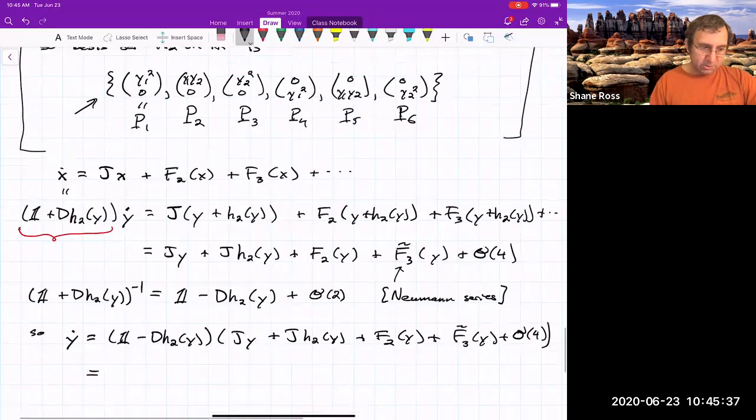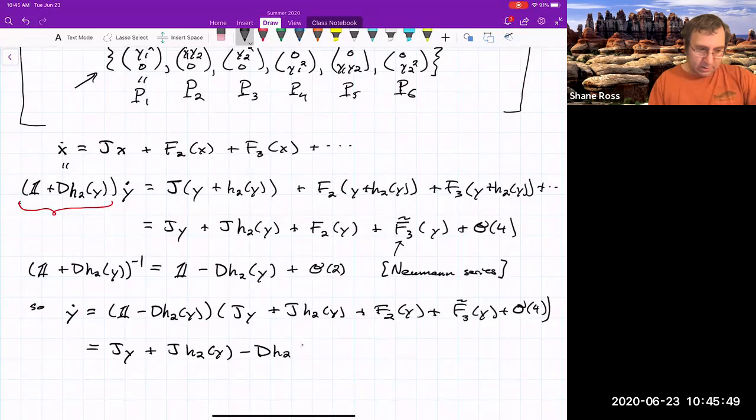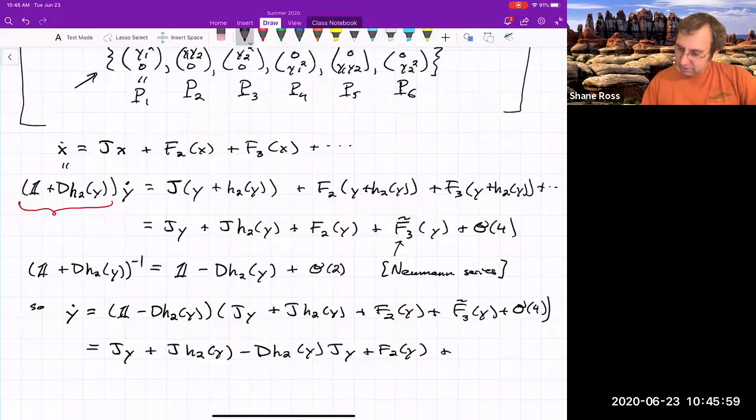And then just do the matrix multiplication. jy plus jh2y minus dh2y jy plus f2y plus f3 tilde y, and so on.